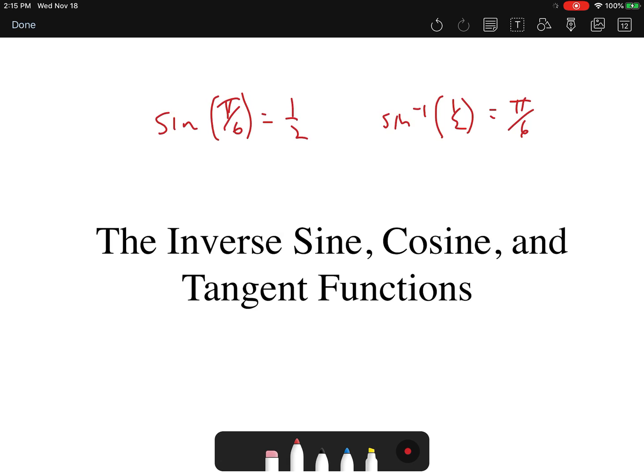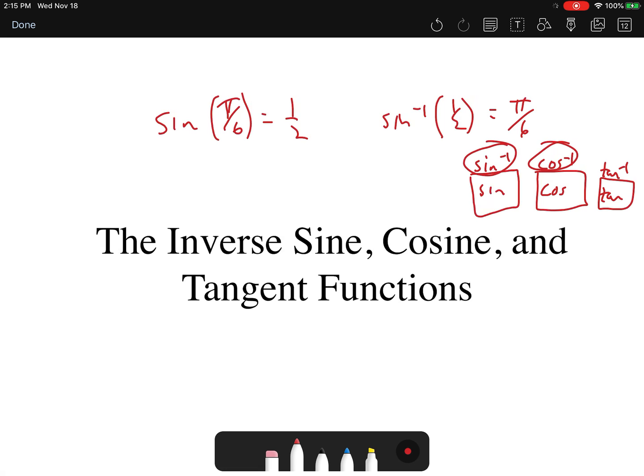So if you look on your calculator, you will see that you have a button sine, and above it, it says sine to the negative 1. Cosine, cosine to the negative 1. Tangent, tangent to the negative 1. Those are the inverse functions, these right here. They undo sine, cosine, and tangent, respectively.